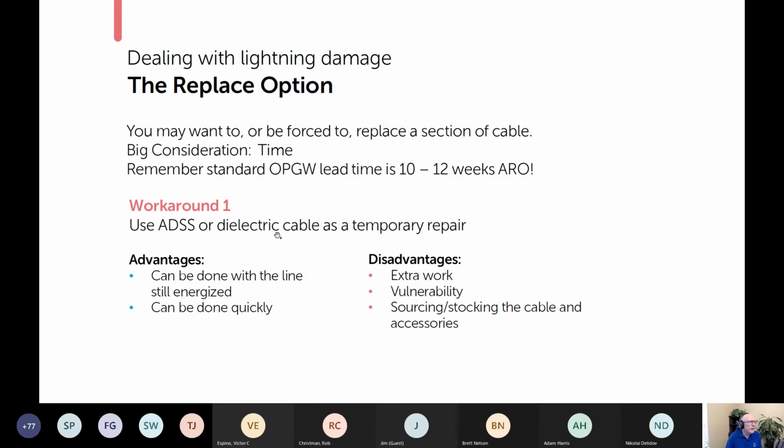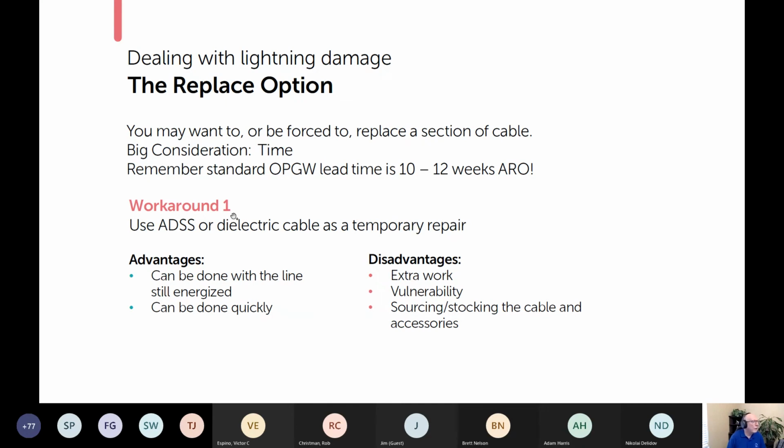If you use dielectric cable, literally, you might lay it on the ground from structure to structure, which would make it vulnerable, but you could get away with that for a short time. And you've got to source this cable and maybe the associated accessories, like if you're using ADSS literally as an aerial cable.